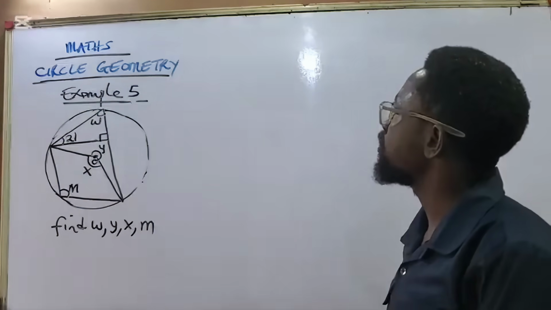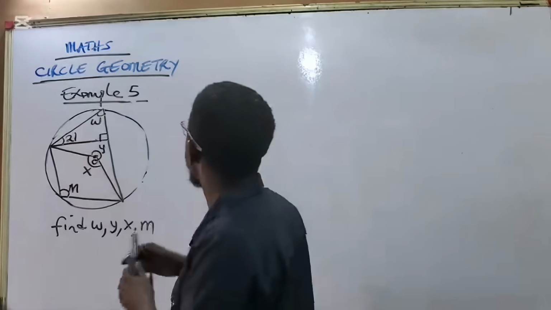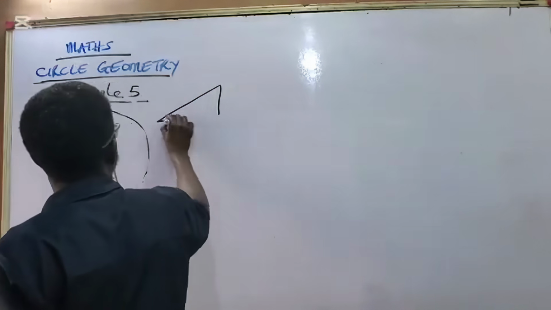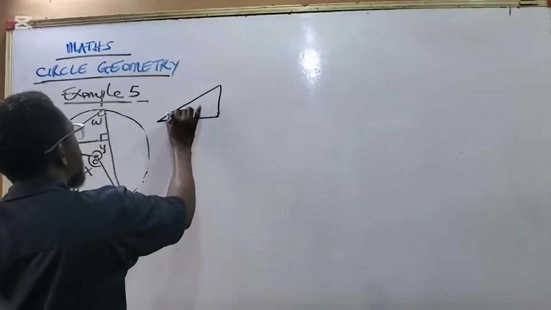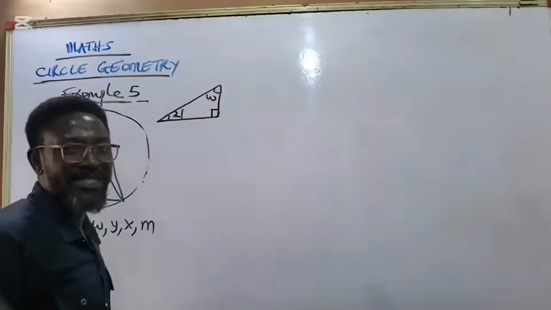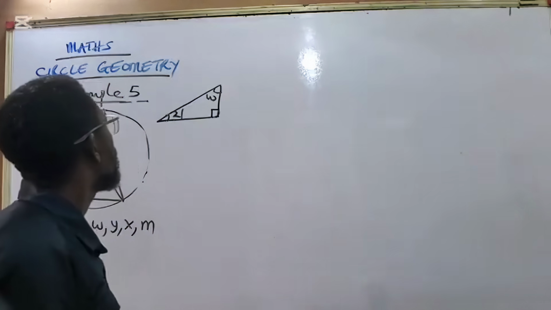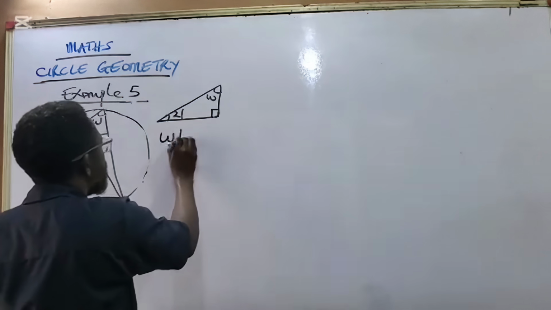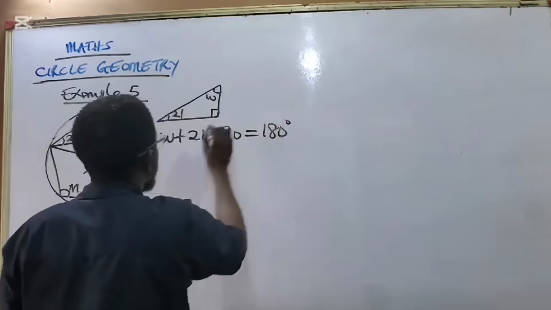Okay, let's start with W. Because of this symbol here, there is a triangle. We have this triangle here. Here's 21. Here's W. The symbol there represents what? 90 degrees. So what I have is W plus 21 plus 90 equals what? 180 degrees.